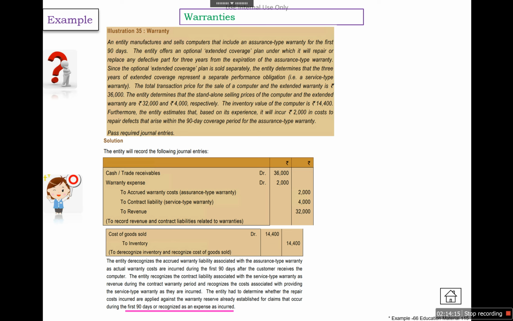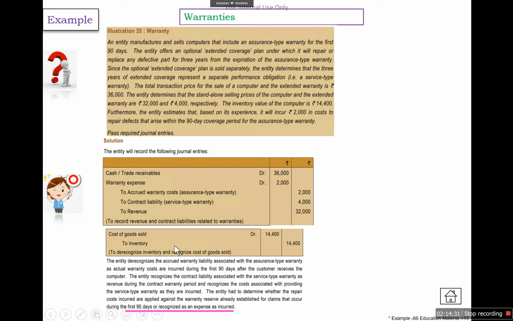And we need to recognize the liability also for 2,000, and the extended warranty 4,000 we need to recognize, and revenue will be recognized at 32,000.